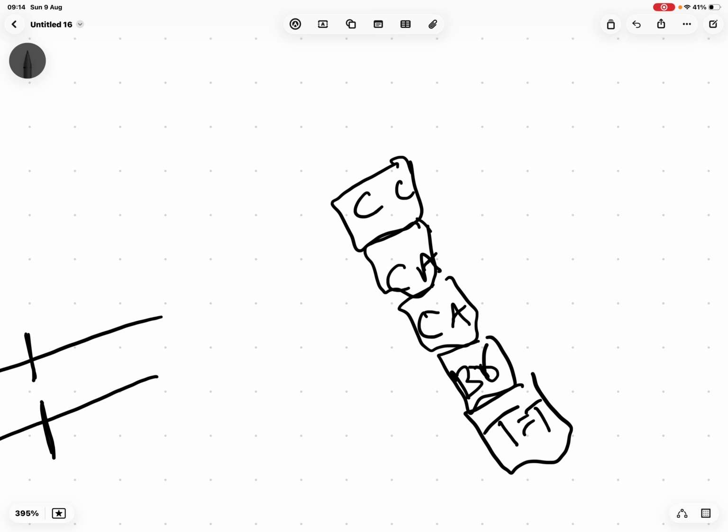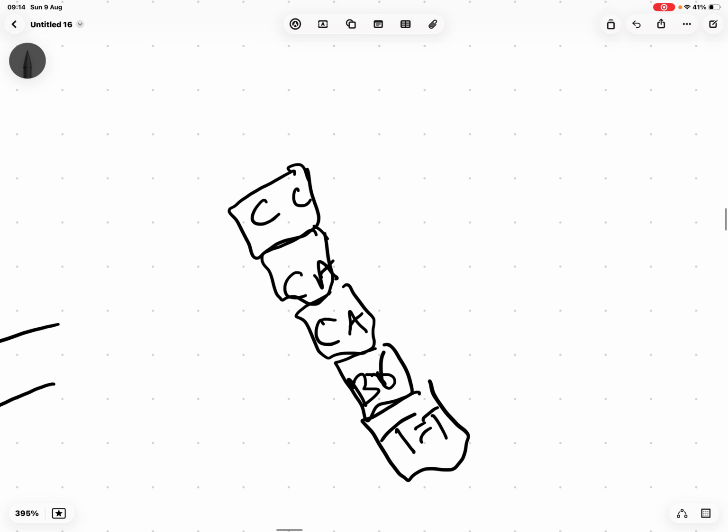The cells have different types of repair tools to repair this kind of DNA damage. So it's not like a single tool that can be used to fix all types of issues. There are specific tools that can repair a specific type of issue in the DNA sequence.